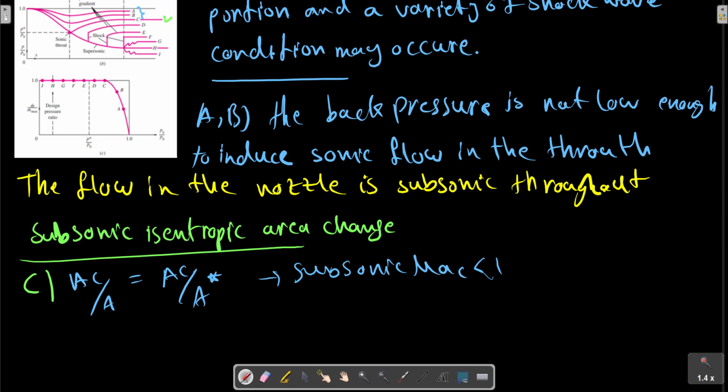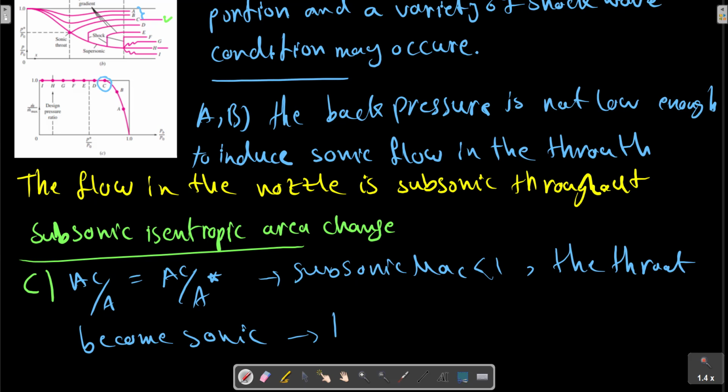The throat becomes sonic, and the mass flow reaches a maximum as shown here: m dot equals m dot maximum.